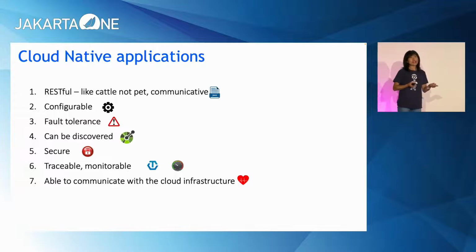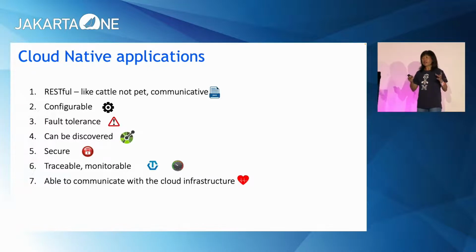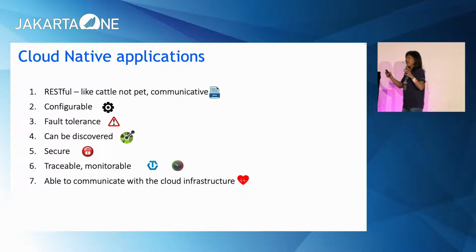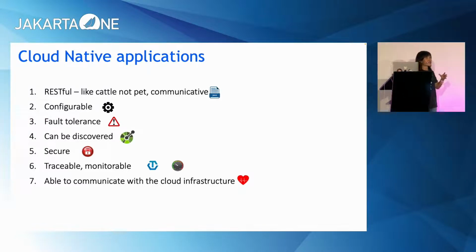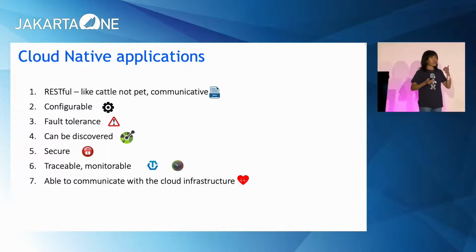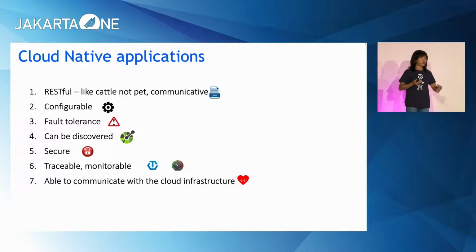The fourth thing, because if you go to the cloud, obviously, you will run into the situation where you can't remember which app is doing what. So it needs to be discoverable, so it can document itself. The fifth thing is it needs to be secure.